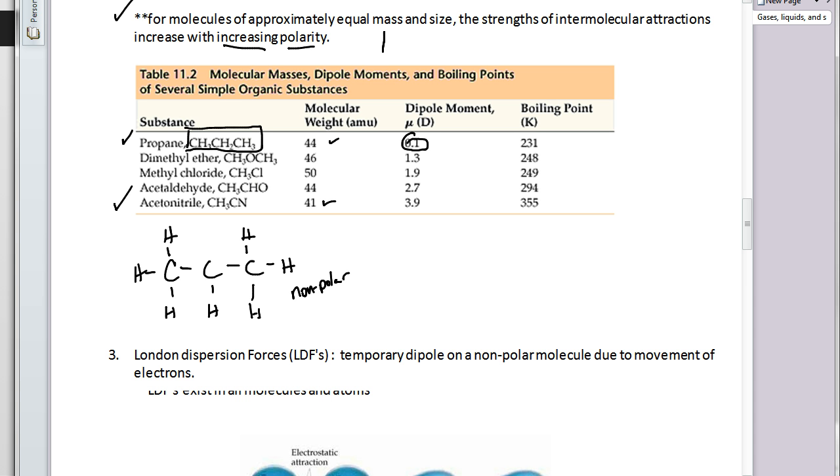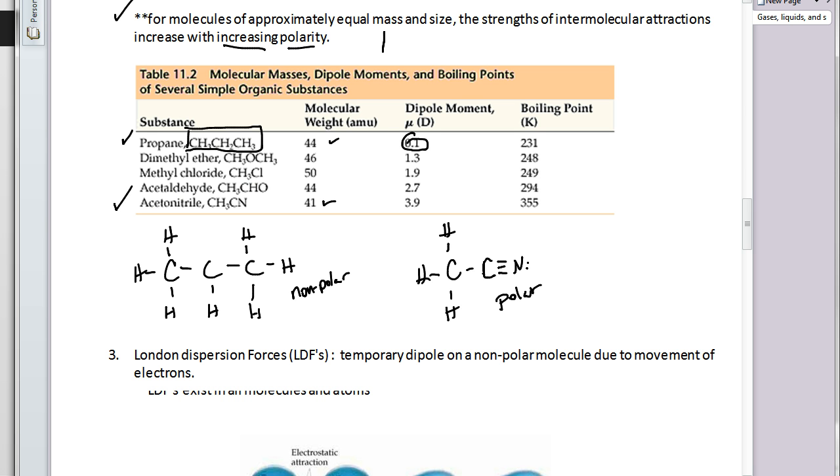Whereas if we draw acetonitrile, we've got a carbon with 3 hydrogens bonded to it, single bonded to another carbon in the center, which is then triple bonded to a nitrogen with an unshared pair of electrons on it, just like that. You can see that this is definitely a polar molecule.